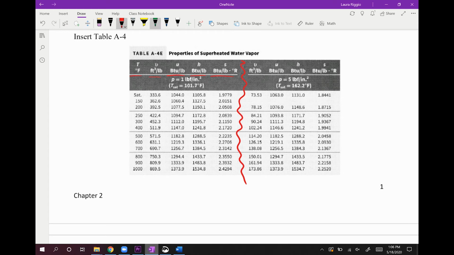The other thing you have is your pressure for each table. So this whole left side is for a pressure of 1 psi, and this side is for a pressure of 5 psi. Say I'm trying to fix a state at 1 psi and 250 degrees Fahrenheit.